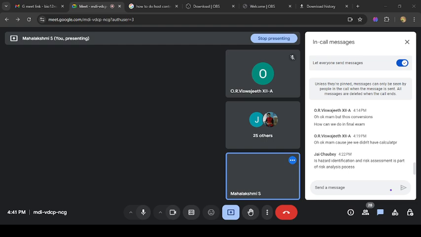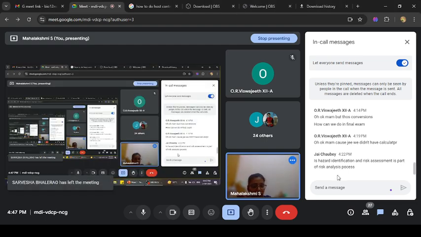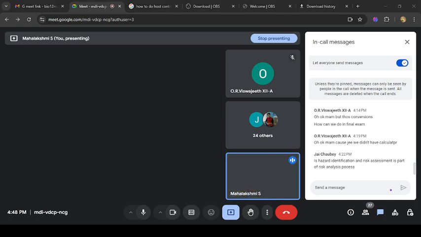Any doubts in this problem 6? Actually, the values are changed. Here it is given as 75. It is taken as 65 here.